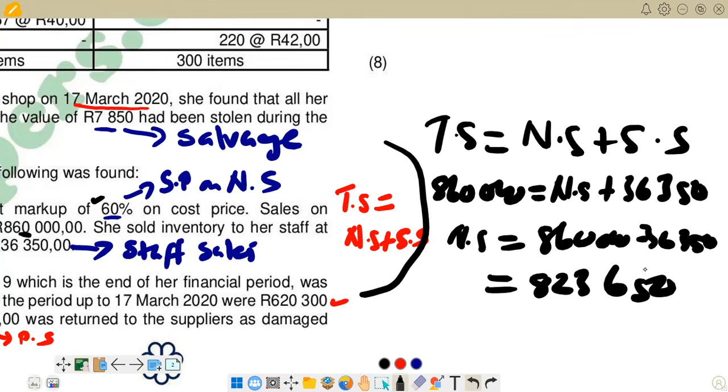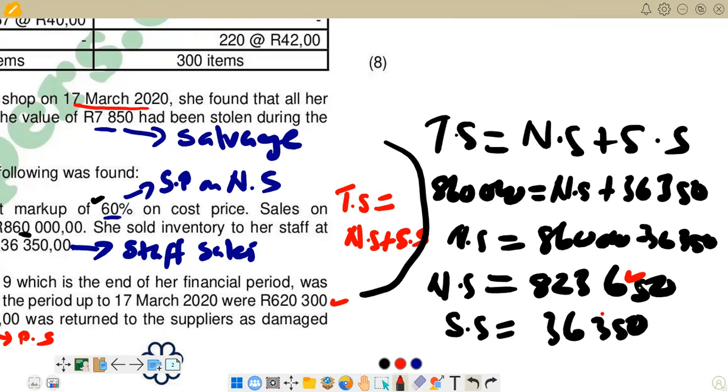And the staff sales, obviously, is 36,350. Out of these two figures, we are going to find the gross profit for this one, and then find the gross profit for this one. Then we add the gross profits together. So we can start calculating the gross profit for normal sales.